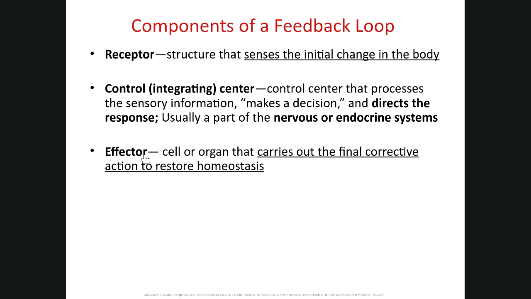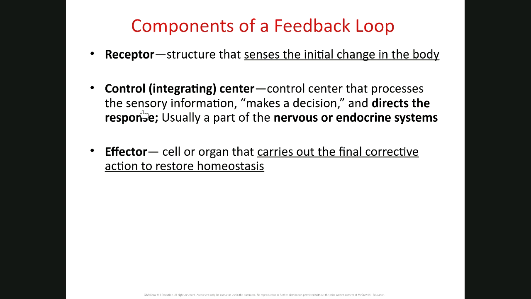These are the three parts of any homeostatic system. And so I might present to you a scenario where there is some change, all right? There's a lack of homeostasis. And you will be asked to identify the receptor, the control center, and the effector in that scenario.